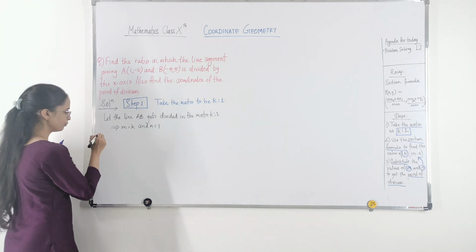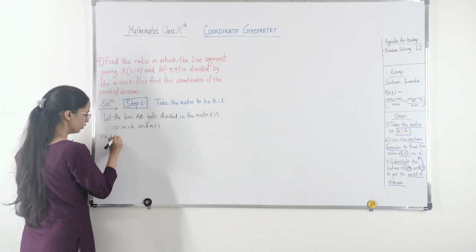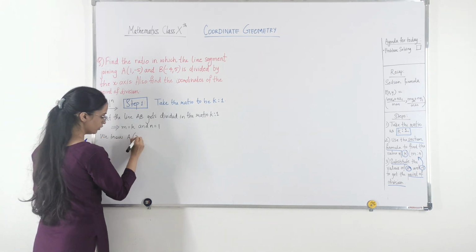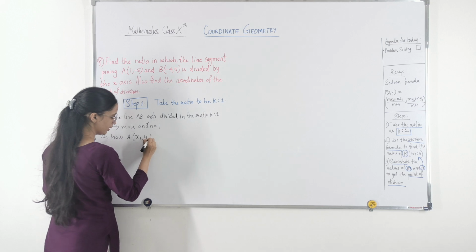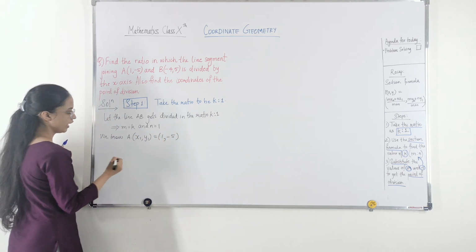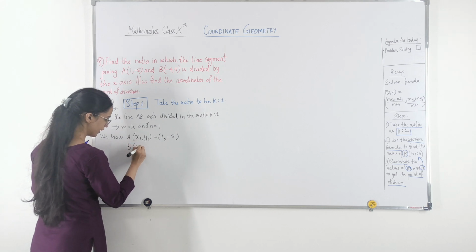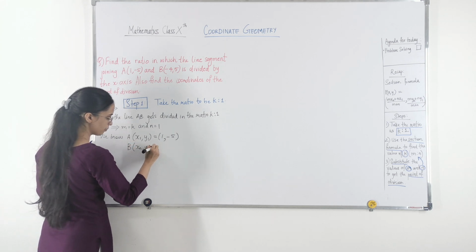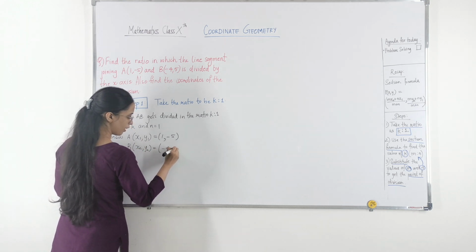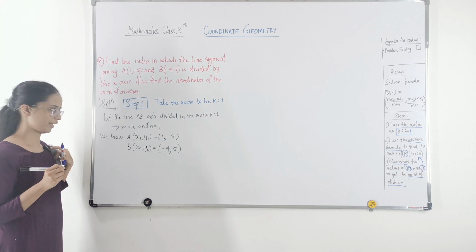Right? Now, we know that our first endpoint, that is A, which is x1 comma y1, is nothing but 1 comma minus 5. And our B is x2 comma y2, that is our next endpoint, and the coordinates of B are minus 4 comma 5.